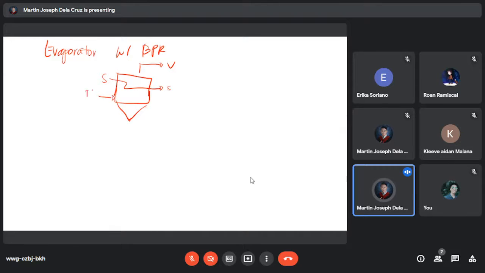Then you have your F, then you have your L. No? So, in here, class, pag with BPR na, most especially NaOH, plus NaOH lang yung mostly examples natin at saka sa books. Kasi sila lang yung may ganitong diagram.